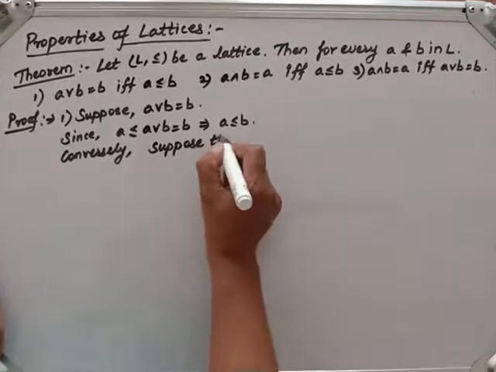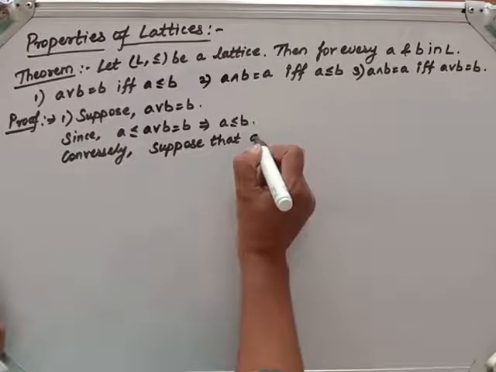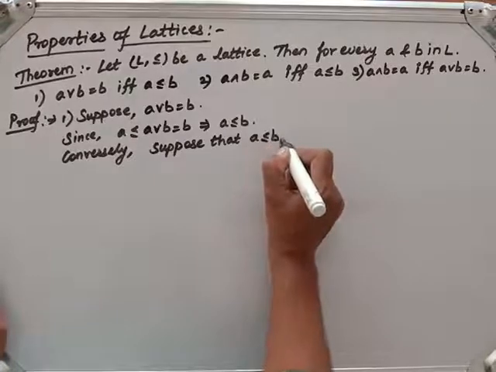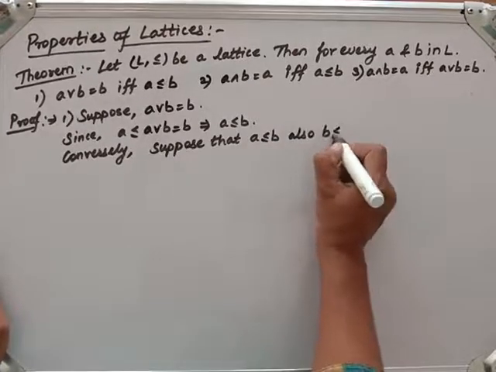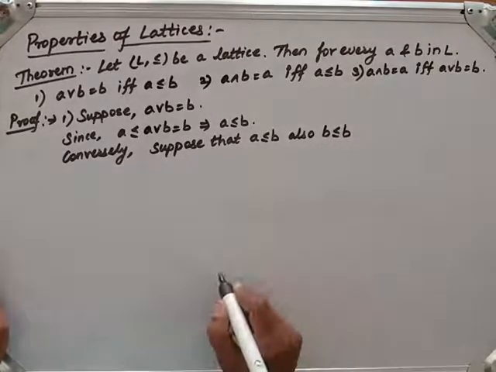Now conversely, suppose that A is related to B. Also B is related to B, the element related to itself.